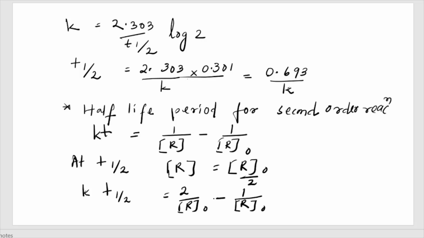You put the value of log 2, 0.301, and multiply it with 2.303. It comes to 0.693.